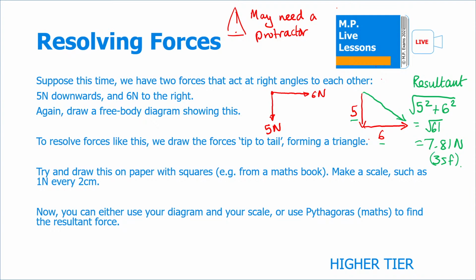Now, to find the angle, you could do whatever you want. You can find whatever angle, but it usually needs to be from the vertical or from the horizontal. For example, I'm going to find this one here, the horizontal angle.